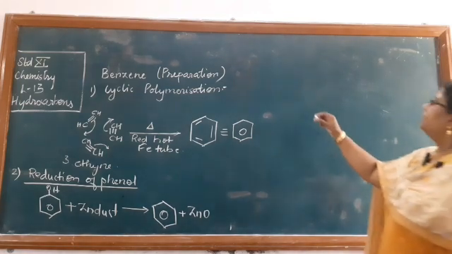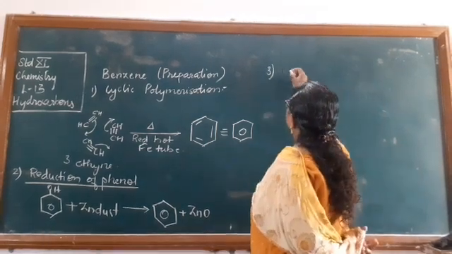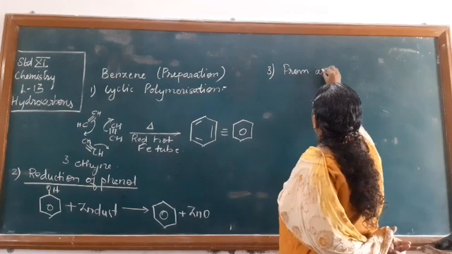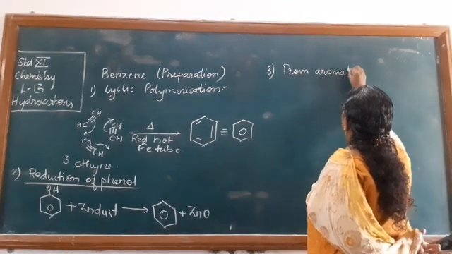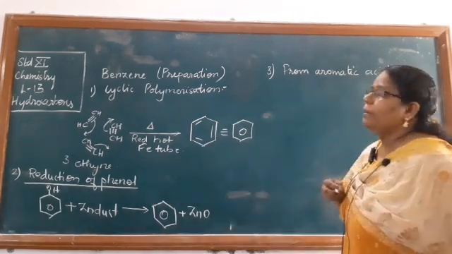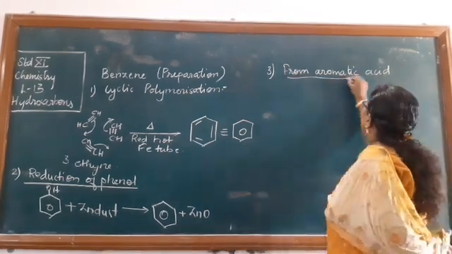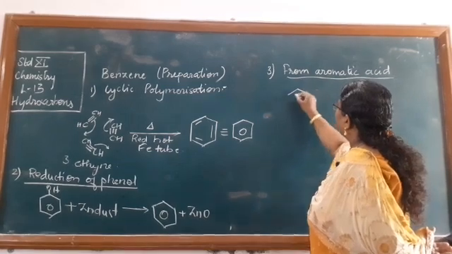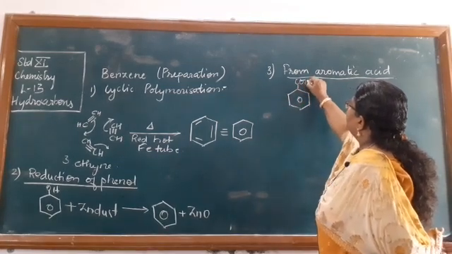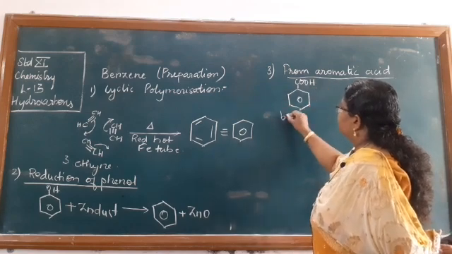The third method for the preparation of benzene is from aromatic acid. Now which is the aromatic acid? You have learnt, it is benzoic acid. This is the structure for benzoic acid.